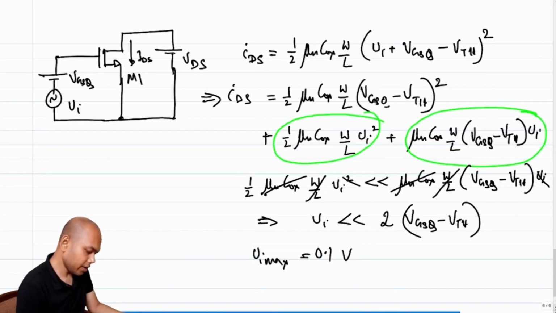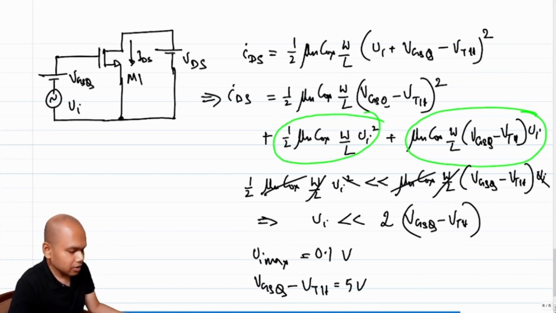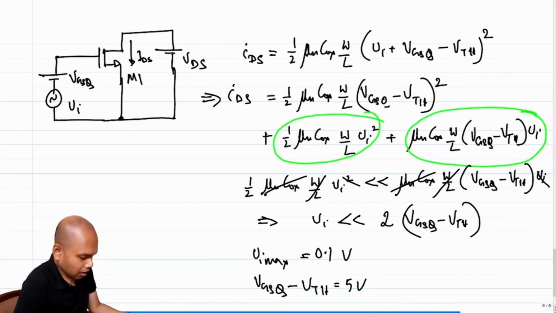And what was overdrive? VGSQ minus threshold voltage was 5 volt. And clearly this condition was satisfied. So we could safely assume that small signal approximations are well and good. Okay.